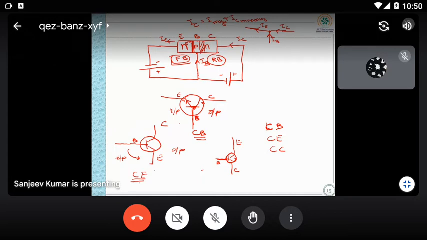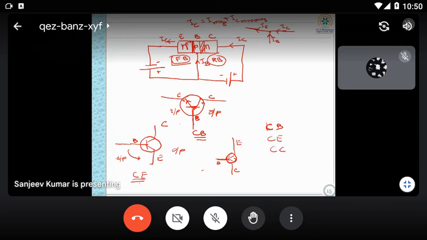Most popularly, common base and common emitter are used for amplifiers, because of their input impedance and output impedance. But common collectors are used for impedance matching devices, or we can say emitter follower.